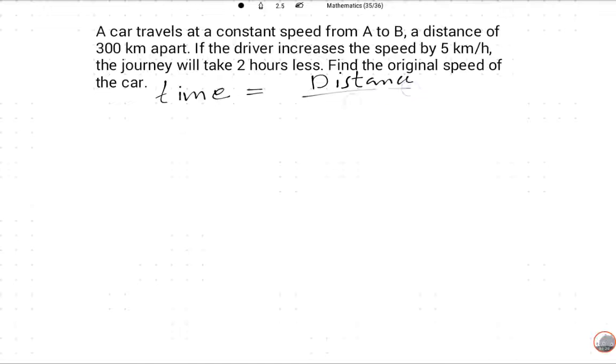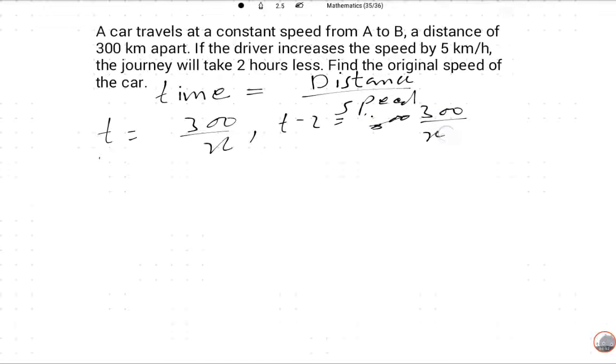Time is distance upon speed, so t is equal to 300 upon x and t minus 2 is equal to 300 upon x plus 5.